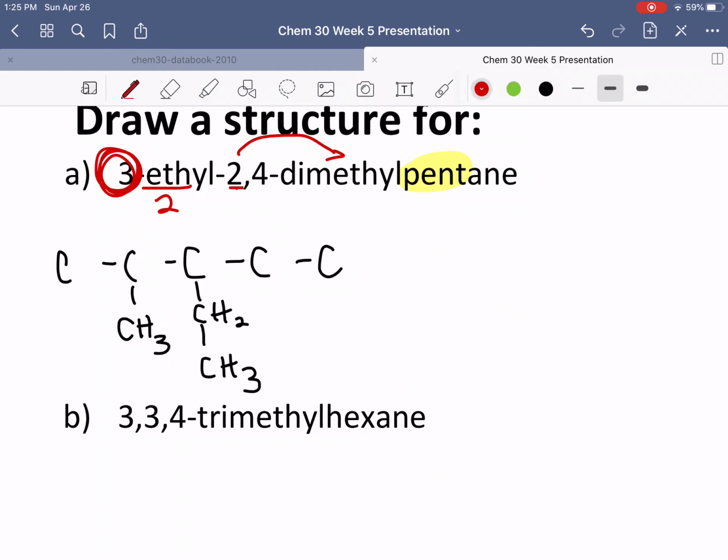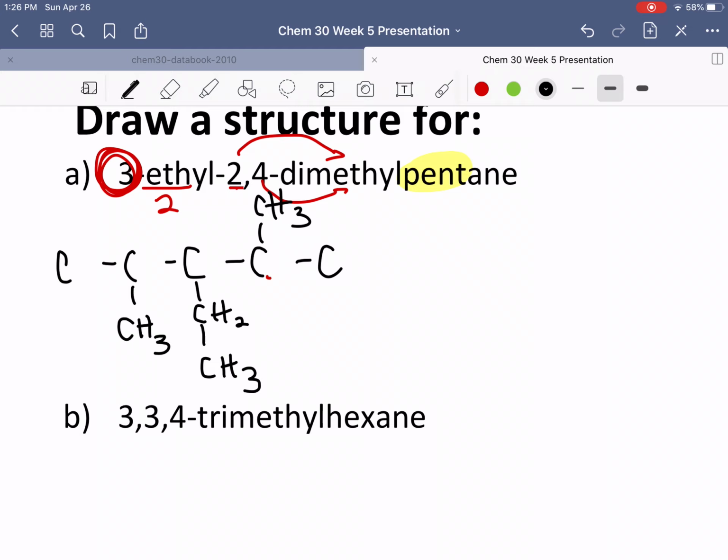I'm also told that there is another methyl group on carbon 4. So 1, 2, 3, there's carbon 4. That carbon 4 is going to have another methyl group. I'm getting kind of squished below, so I'm going to draw this one above, CH3. There it is, 3-ethyl-2,4-dimethylpentane.